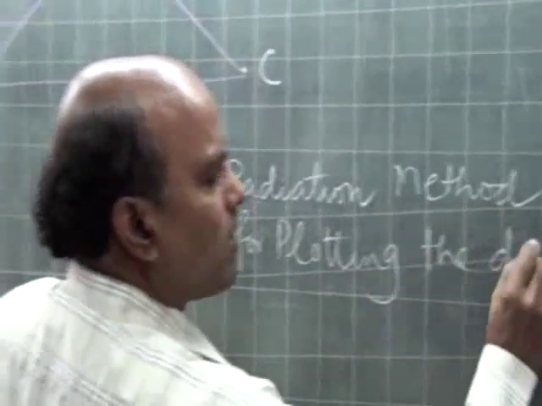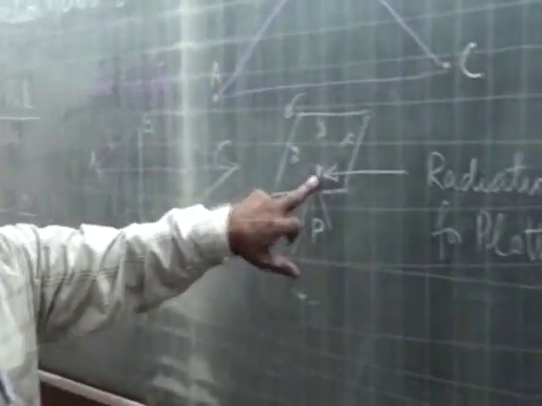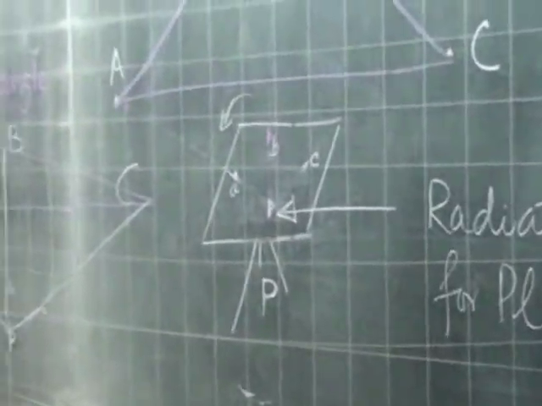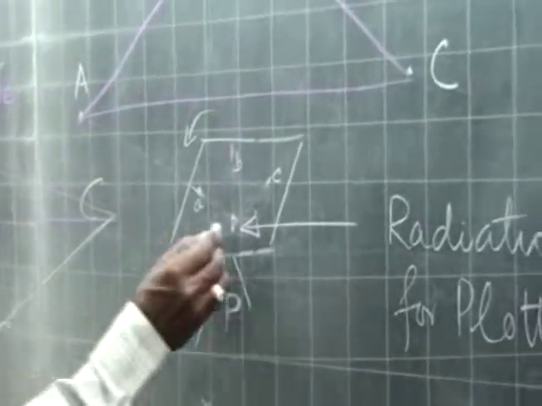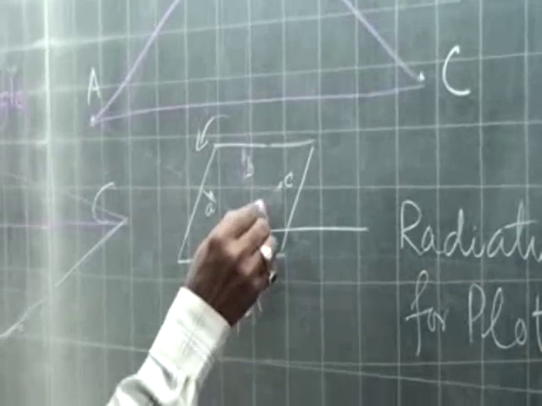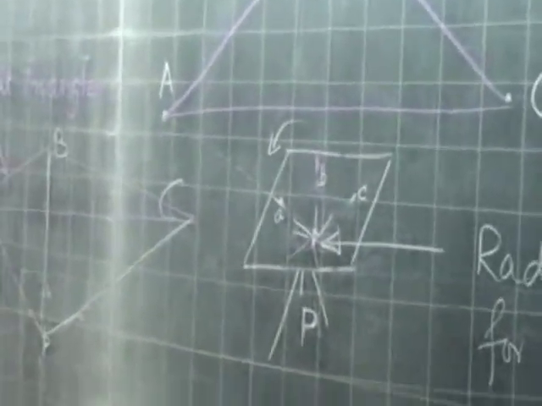After getting this position, as we have done earlier also, we can use the radiation method from this point. That means we can plot the surrounding details by the method of radiation, using the tape and getting the proper direction.